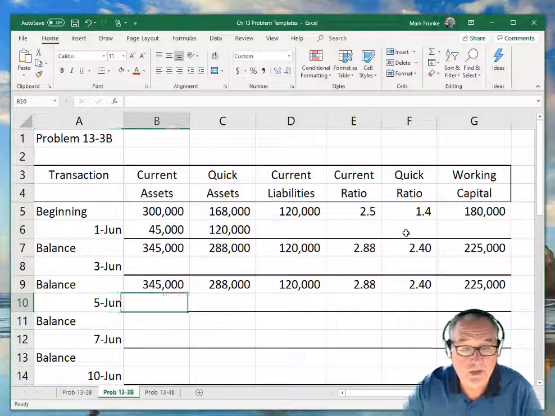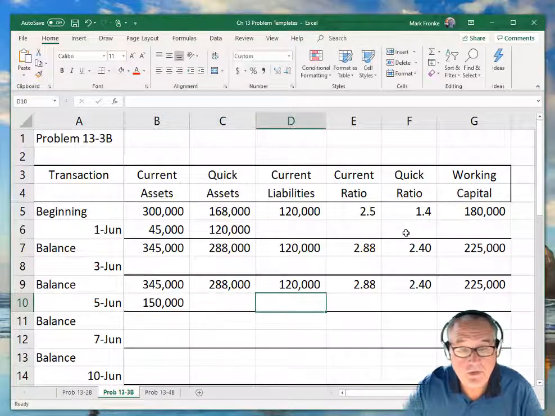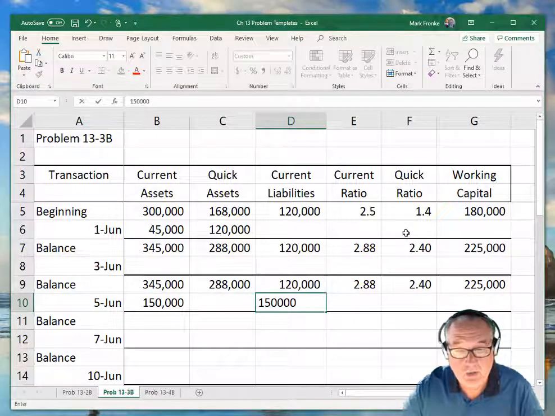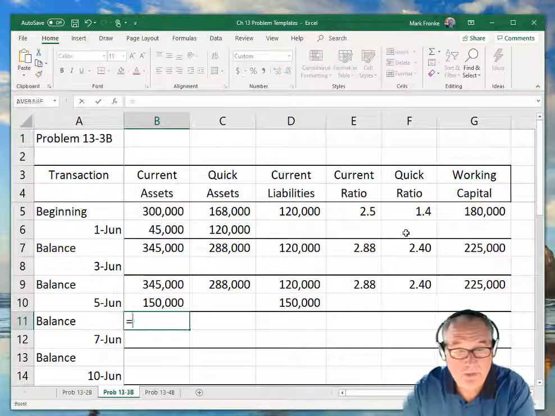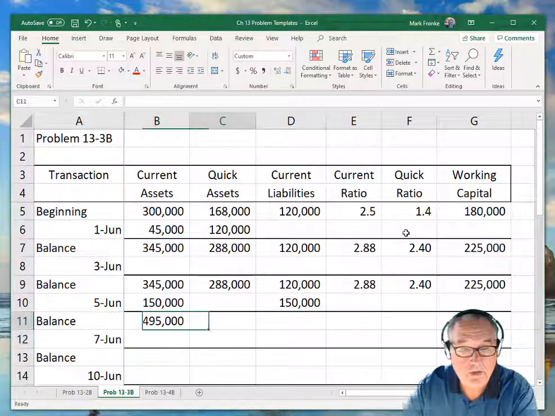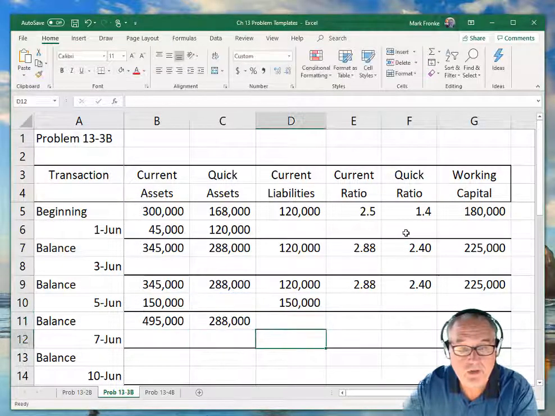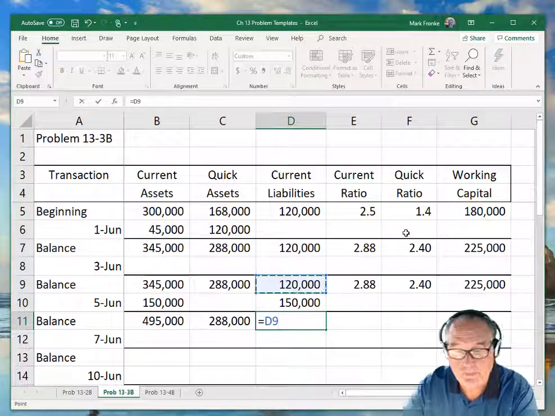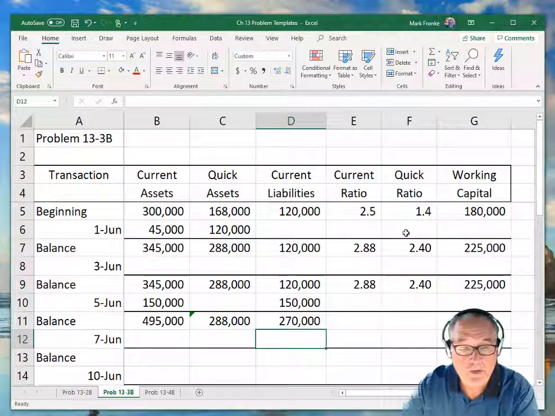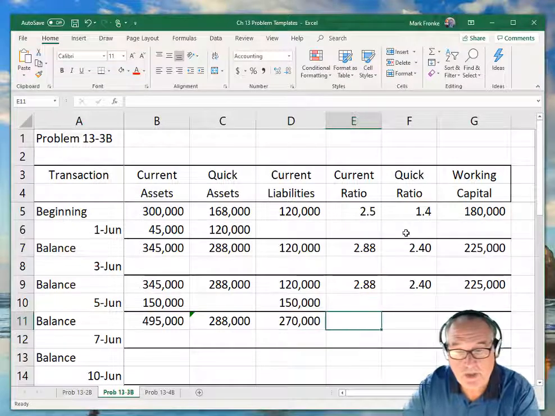On June the 5th, purchased $150,000 of merchandise on credit. That means that our current assets are going to go up $150,000, and our current liabilities, accounts payable, are going to go up $150,000. So quick assets didn't change. Current assets went up to $495.